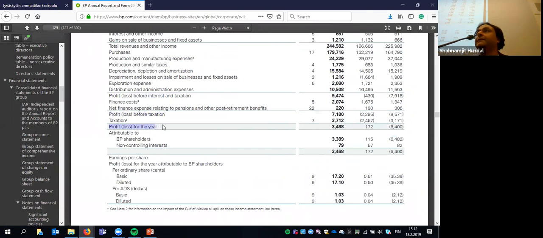So there are three different measures of profit. But what we are interested in is operating profit, which is EBIT, earnings before interest and tax. So it's very important that you pick up that bit of information which relates to you, not just anything.